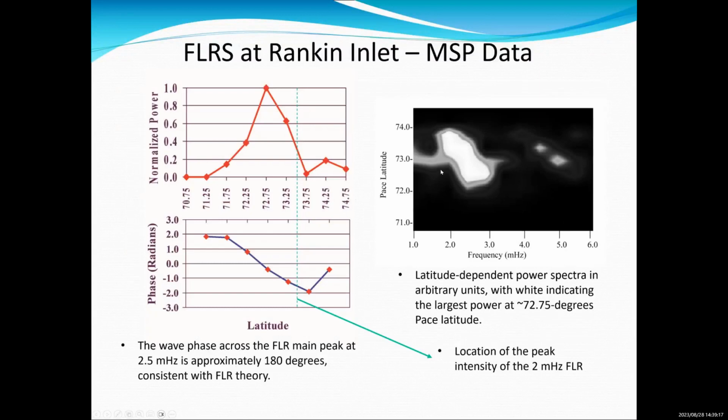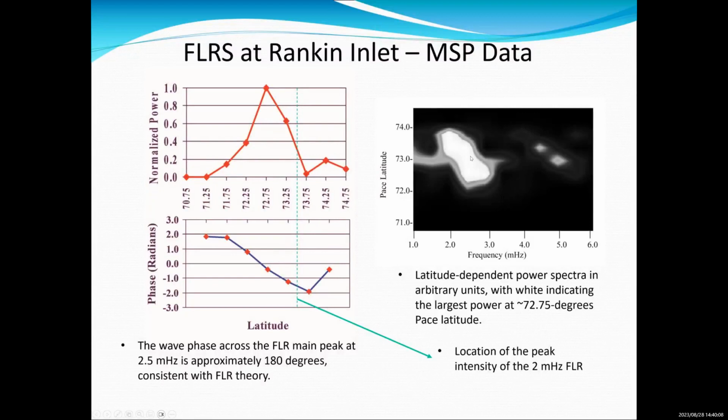If you focus on the 2.5 millihertz, if you look at how amplitude and phase vary with latitude, in this case, there is in fact a peak around 72.5. The phase changes by 180 degrees, but there's actually two resonances here. One has smaller amplitude than the other. They're somewhat interfering with each other.